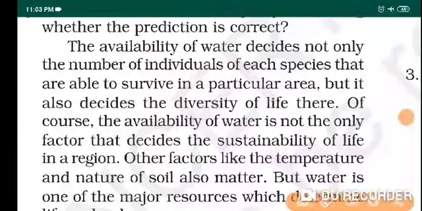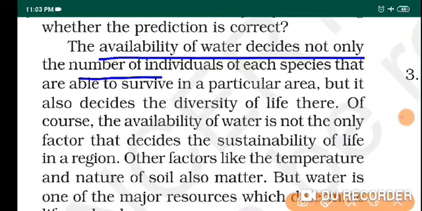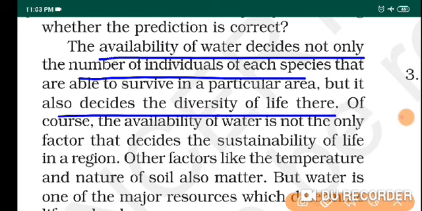So, availability of water will decide not only the number of individuals of the species which are able to survive in that area, but it will also decide the diversity of life. Means the number of individuals of a particular species and the variety of species.